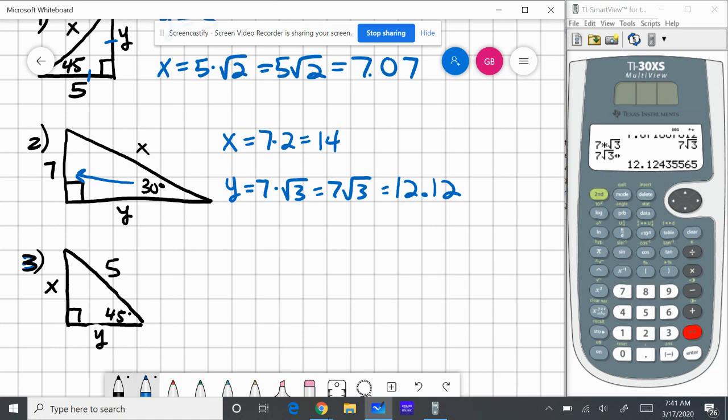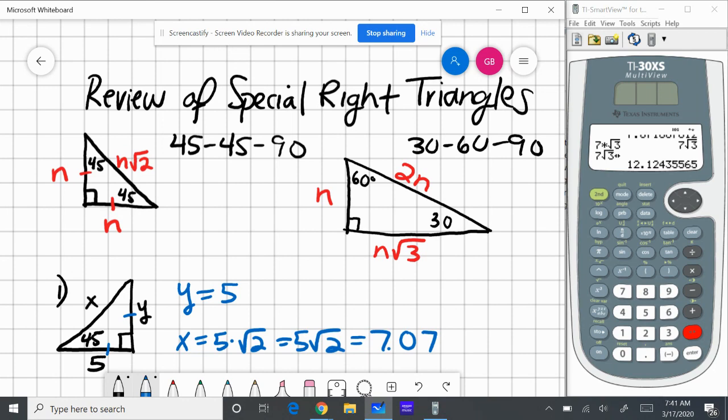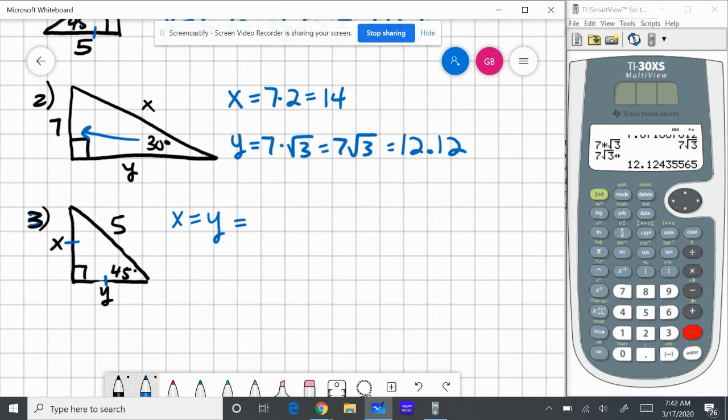We need to find the legs. At least we know that the legs are congruent. So x is equal to y. So if you could find one, that means you found both. This time you're given the hypotenuse. So let's go back to our notes. If you're given the hypotenuse, and if you want to go backwards, instead of multiplying by the square root of 2, you're going to divide by the square root of 2. So we're going to take our 5 and divide by square root 2.